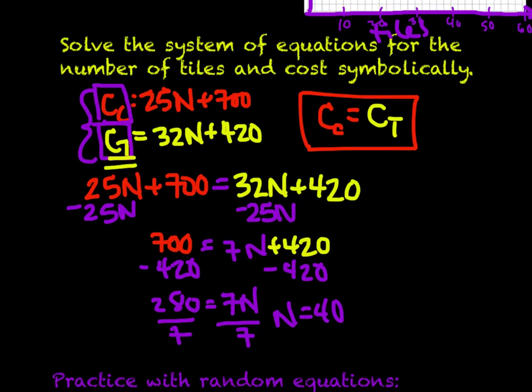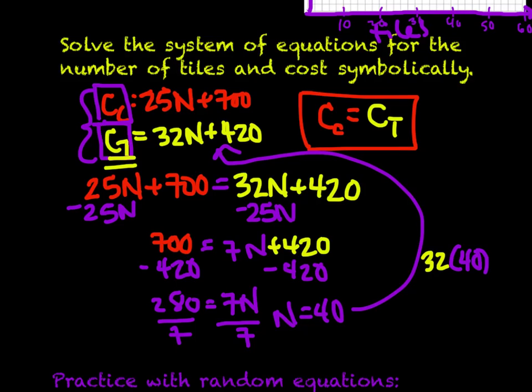Now in order to find the amount that 40 tiles gets us, we're just going to plug that back into one of these equations. We're going to substitute even further. So we get 32 times 40 plus 420, and if I did that math, I would get $1,700.